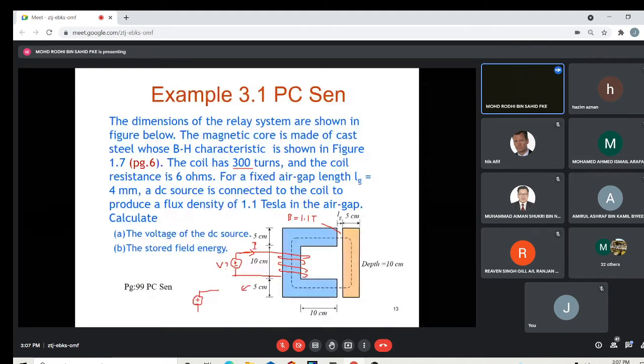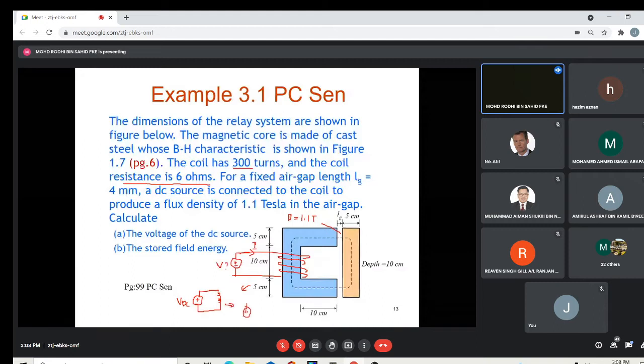Ideally, in DC, what happens to an inductor? When we operate with DC voltage, what happens to the inductor? Short circuit. Very good. It will be a short circuit. But we define it as a non-ideal inductor, so the coil resistance is 6 ohm. Here, this is the VDC.